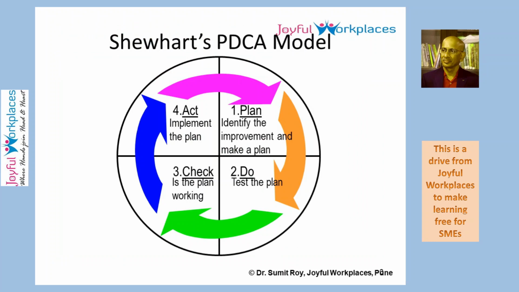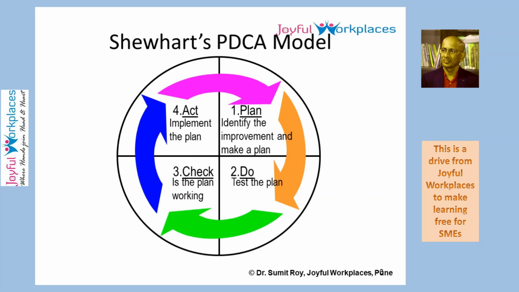So we are able to see that all the process owners need to follow what is called the Shewhart's plan, do, check, act model to meet the objectives. We start with the plan, wherein we identify the gaps in the previous methodology or system, come out with a preventive action, and execute the plan in the do stage.